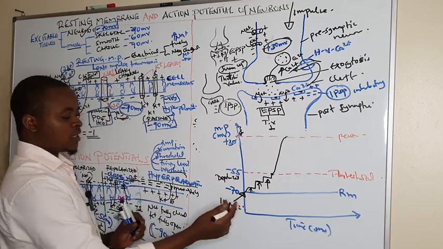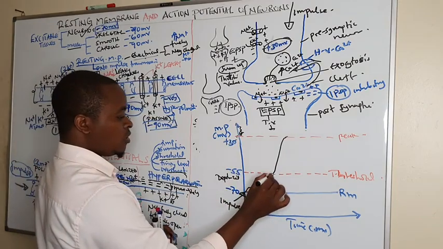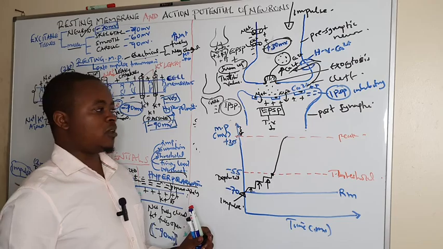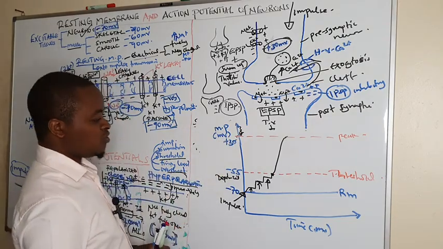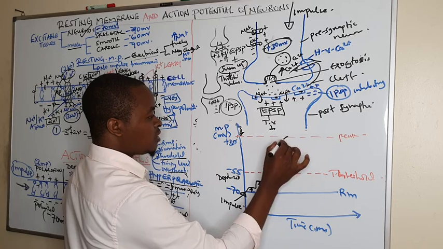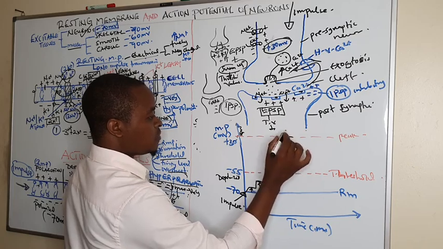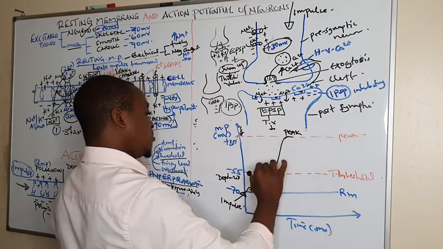And this is what we discussed about the all or nothing, that an impulse should be able to sum up to reach the threshold, either by temporal summation or by spatial summation. When they reach the threshold value, they fire an action potential. And this is what we are calling the peak of the action potential.